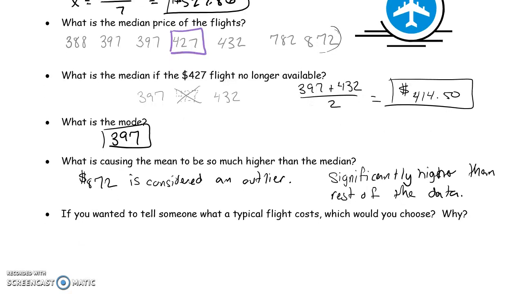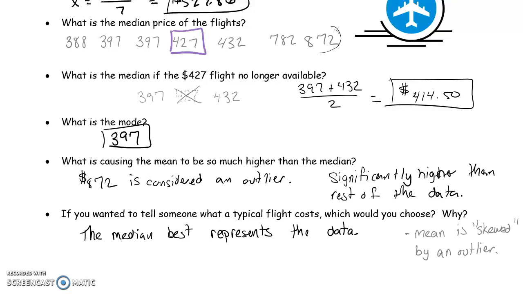So if we wanted to tell someone what a typical flight costs, I wouldn't use the mean. The mean is going to be too high because of that outlier. In this case, the median makes the most sense because that best represents the data. So we'd say the mean is skewed by an outlier, and the median therefore represents this data the best.